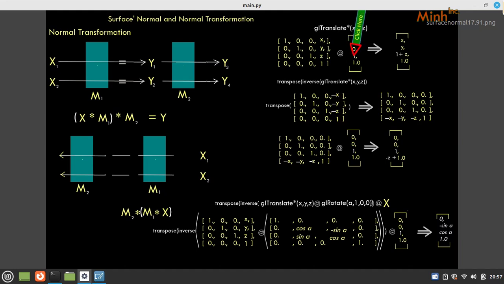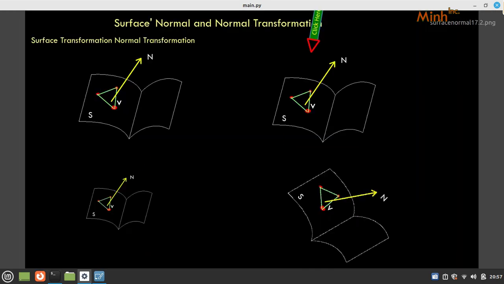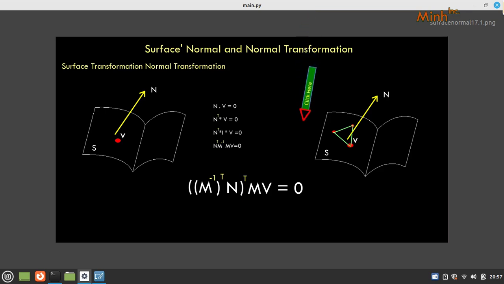Okay, so this is the vertex point, and if this is a point on the surface 0, 0, 1, and this is the matrix we are doing the transformation with, what I want to say is, if I am doing transformation of M on V, then there is a transformation of inverse and transpose on the normal.